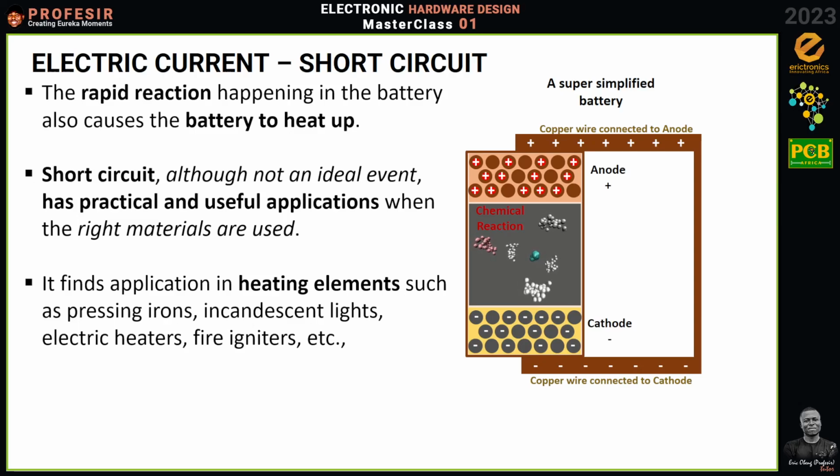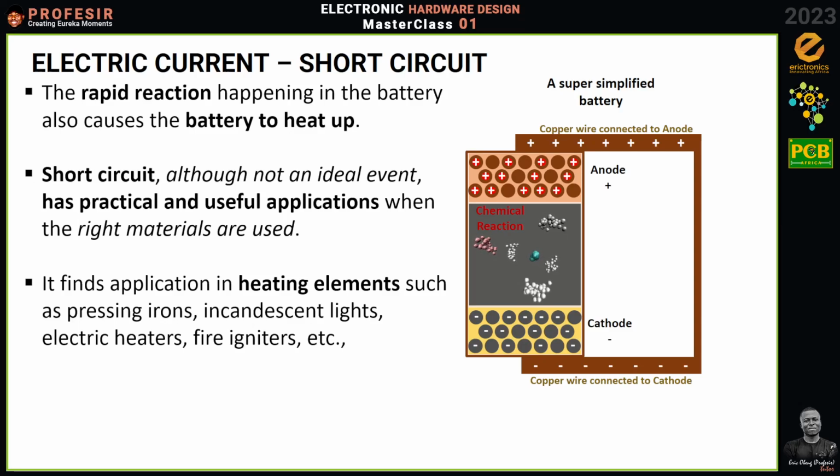Through short circuit we start fire, and controlled short circuits are used to cause fire ignitions and all this kind of stuff. So yes, we have practical applications for short circuits: heating elements, ovens, pressing irons, incandescent light. All these things are basically going through short circuit, though you can argue that those resistive elements have higher resistances.